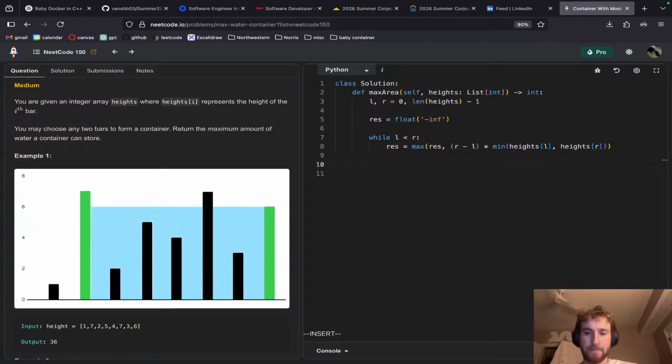Something like that. I'm just really trying to think of why would you move the left in and why would you move the right? How do you determine which one you move?